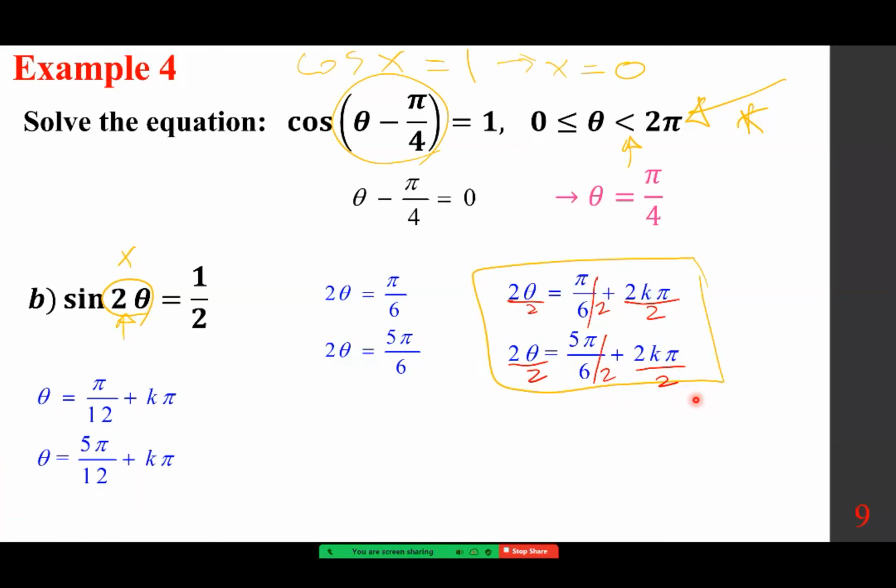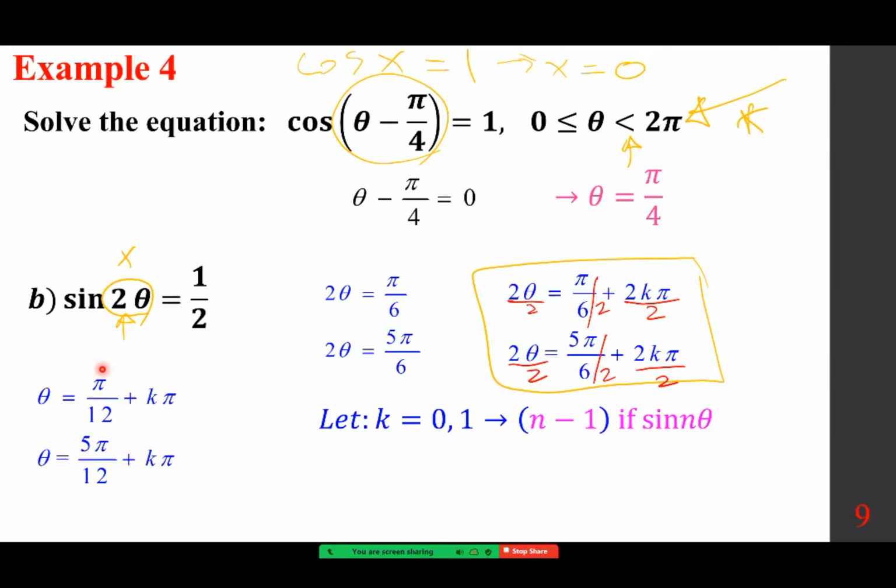And now, since the multiplier is 2, you go with 0 and 1 only. So let k be 0 and 1 only. N minus 1, if we are dealing with sine of n theta, start from 0 and all the way to n minus 1. For example, n is 10, 0 to 9.